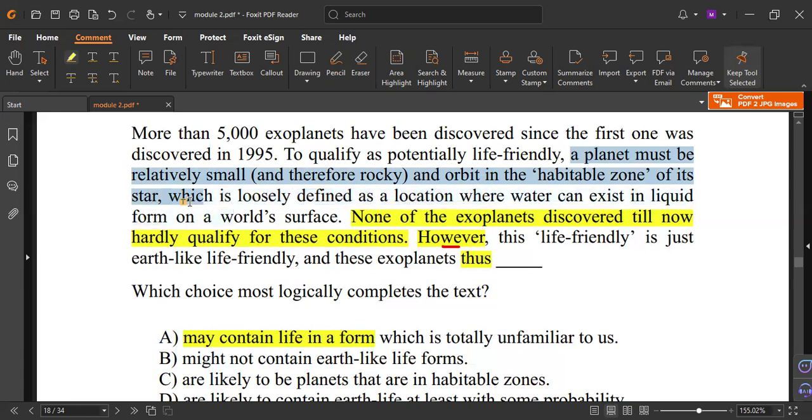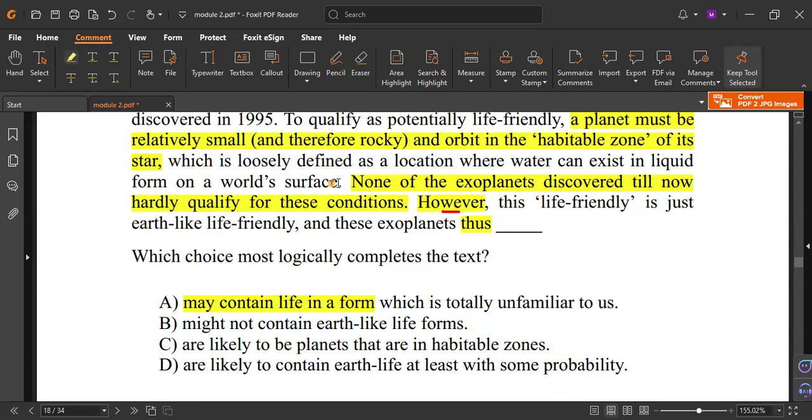But he mentioned they must be. That means it's not. Like when I say I must be intelligent, that means I'm not intelligent, but I must be. Do you feel it? So we give you information not in the text. This means out of text. Feel it? But why is this wrong?